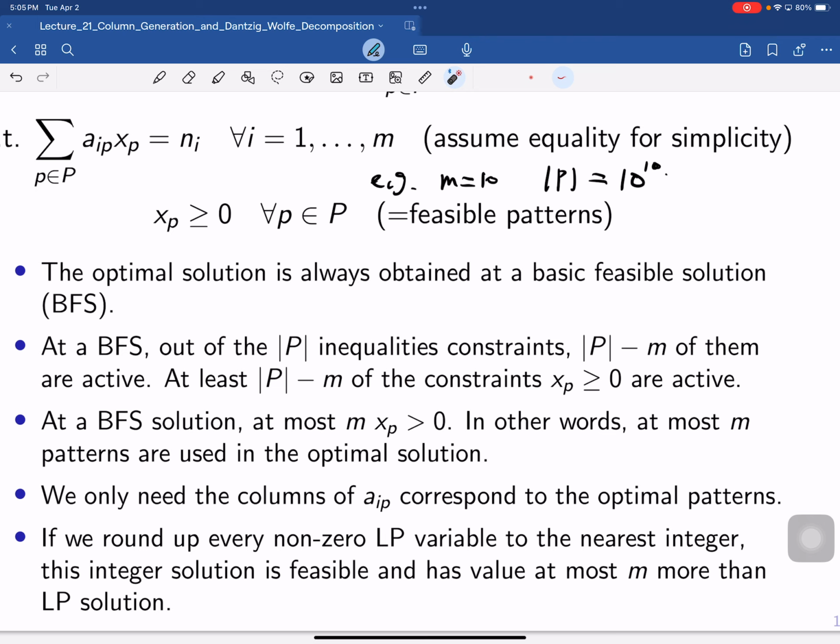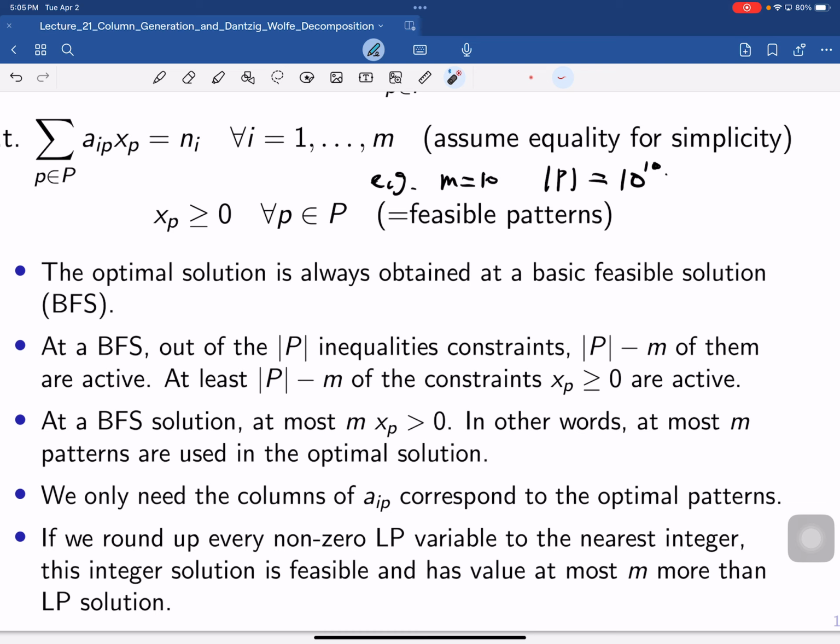So after you do all the round up, you are just increasing the total number of paper rows by less than 10, right? So that's saying that the optimal value of this linear programming relaxation at most differs from the original integer programming problem by m. So m can be a very small number.